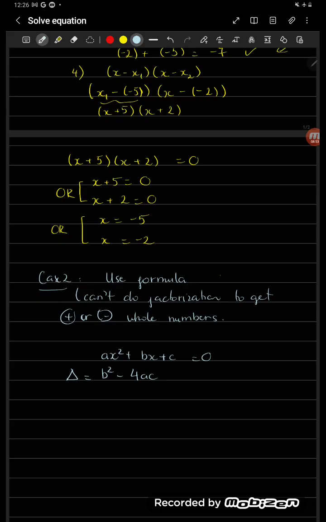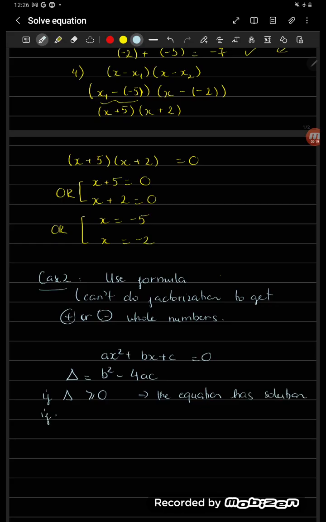After you calculate delta, if delta is greater than or equal to 0, then the equation has a solution.